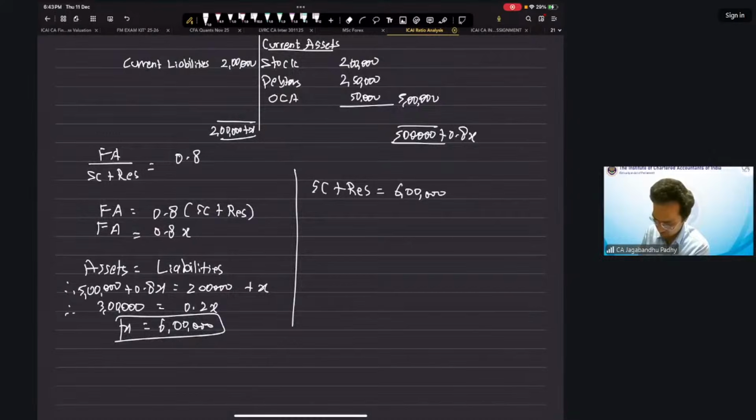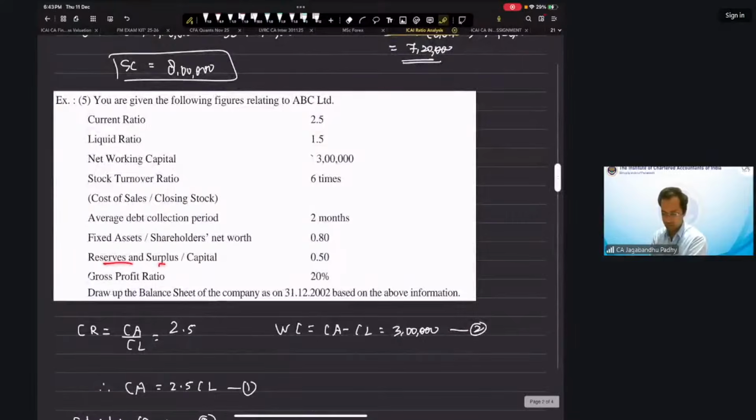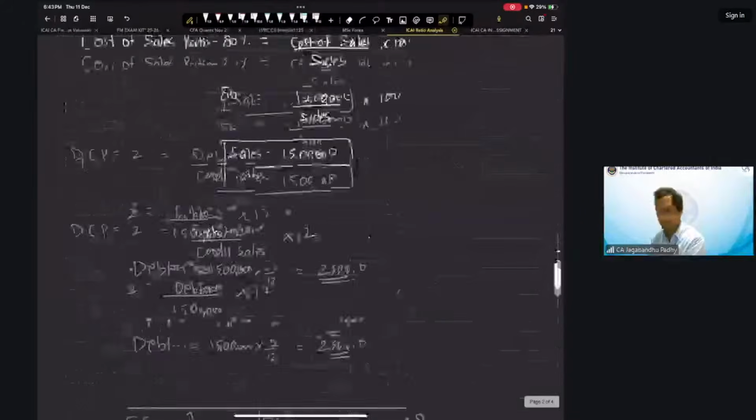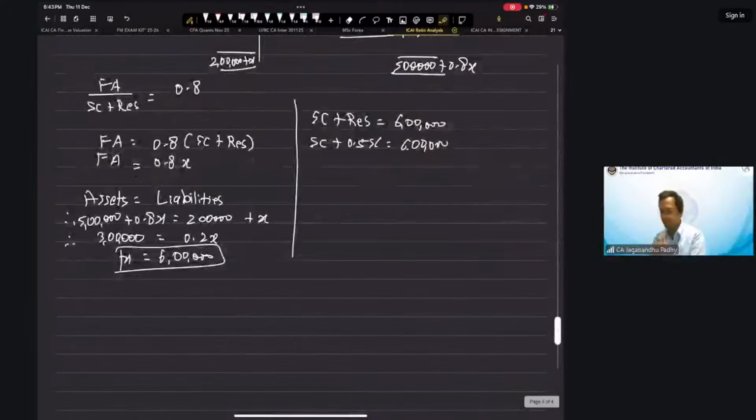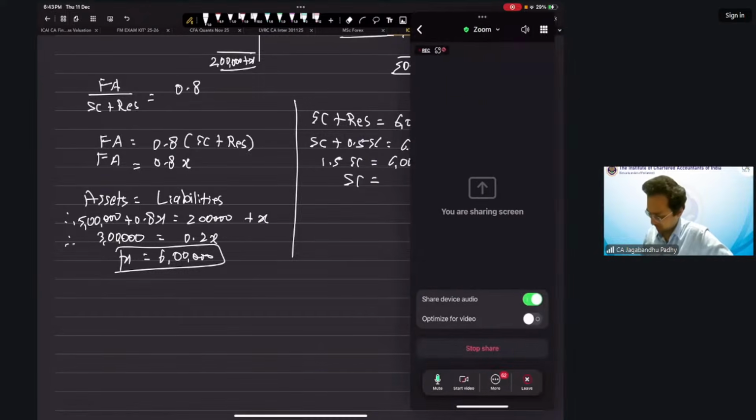So share capital plus 0.5 times share capital is 6 lakh, because reserves is 0.5 times share capital. So if your capital is 1, then the reserves is 0.5. So 1.5 times share capital is 6 lakh. So what is share capital, guys? 6 lakh divided by 1.5.